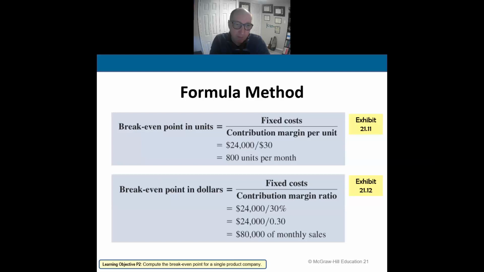So to find the break-even point in sales dollars, I take total fixed cost, $24,000, divided by 30%. 30% is written as 0.3. So 24,000 divided by 0.3 equals $80,000 of sales I need to make per month to break even.